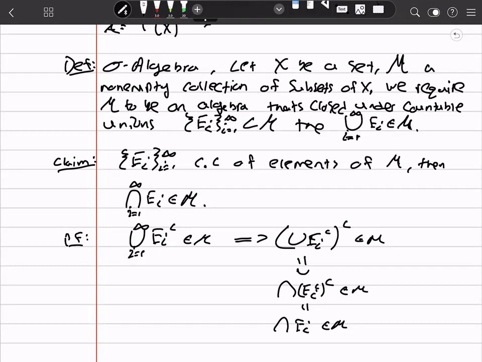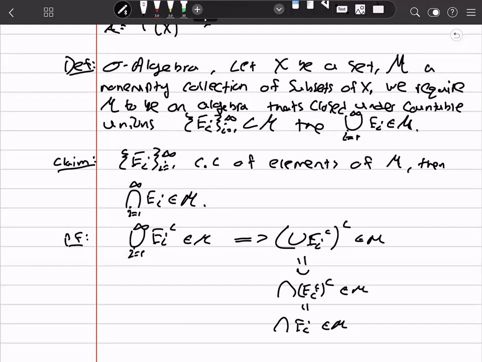The issue that we run into with sigma algebras is the complements. When we look at the complements of sets, we mess up the nice properties that we can get when we get a basis for a topology.